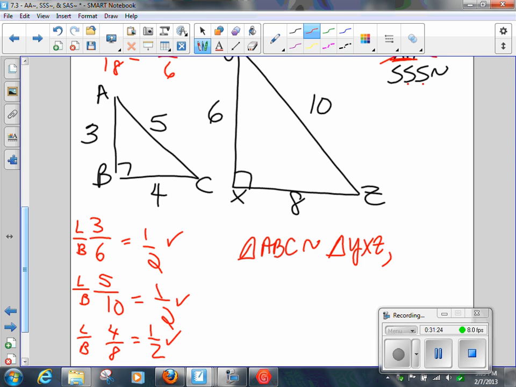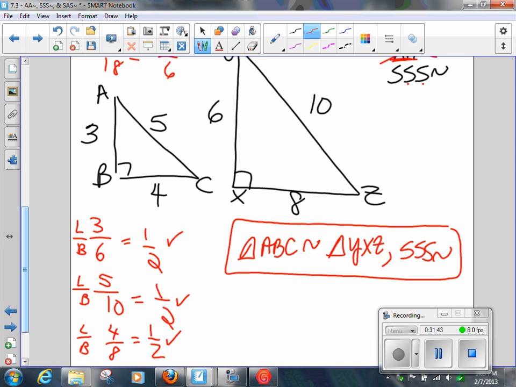By what theorem? Side-side-side similarity. What if I forget and don't put my similarity symbol at the end? It's probably going to have points counted off, because I need to know that we are dealing in the land of similarity and not congruence. That's the answer. This is showing how we get to that answer. That's showing our work.